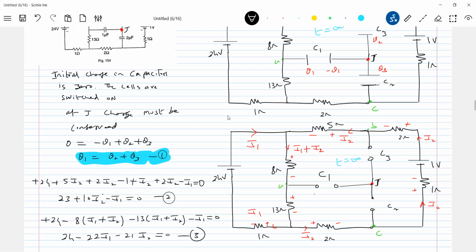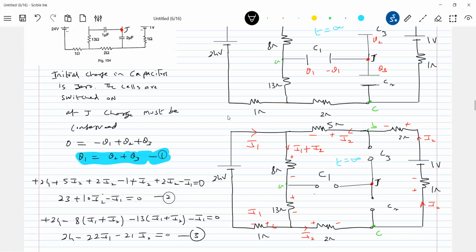Check once. So solving 1, 2, 3 will get Q1. First, I think solving 2, 3 will get I1, I2. After getting I1, I2, then we have to calculate VAB.